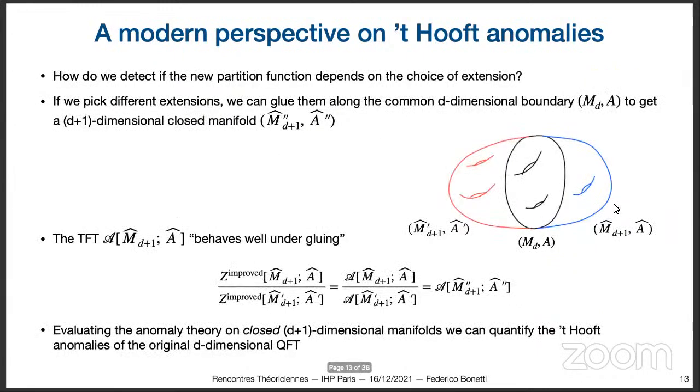And now the idea, if you wish, so as I mentioned, now everything is gauge invariant. Yes? Is there any example in which there is an anomaly, but it's not possible to cure it by this extension to the bulk?